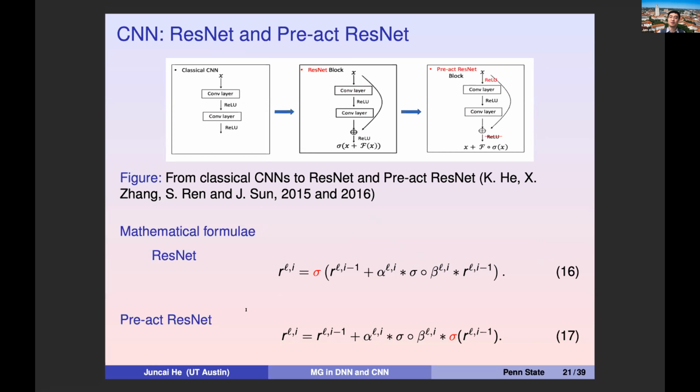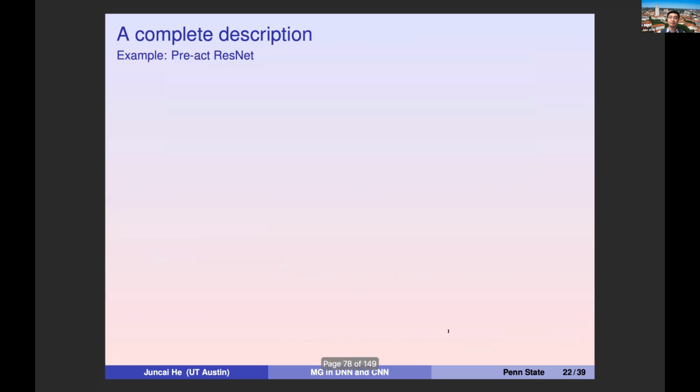But just after this ResNet paper, the pre-activation ResNet was proposed by the same authors, Kaiming He and colleagues. They found that if you move this sigma, the activation function, here, then you will achieve a better result, especially you can go deeper.